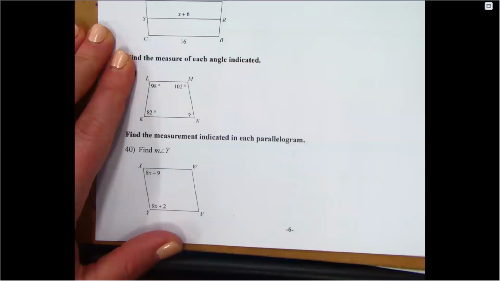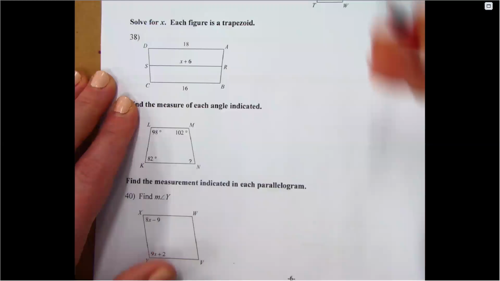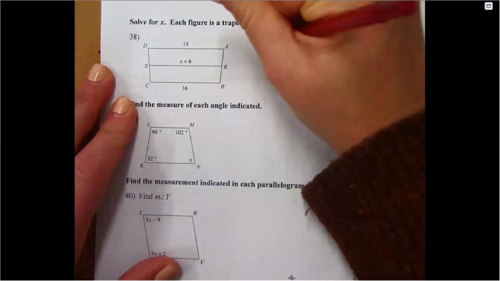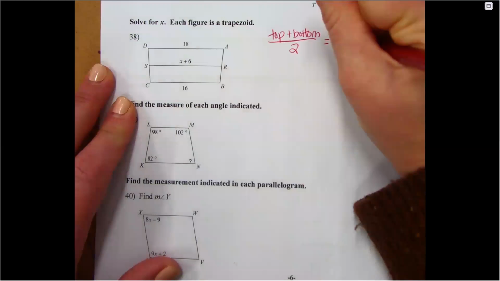Okay, 38. Remember, this one's different than the triangle. With the triangle, you were just taking it and cutting it in half. But with this one, you've got to add top plus bottom divided by 2 equals the middle, x plus 6.